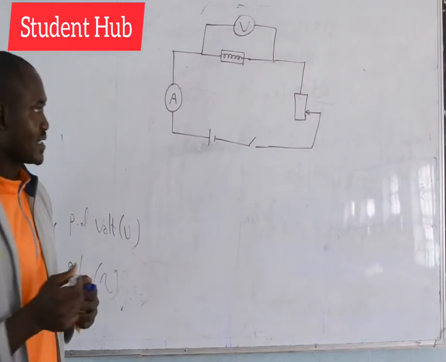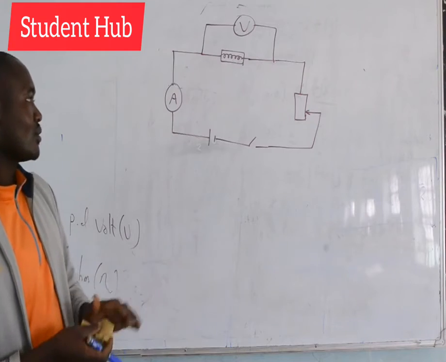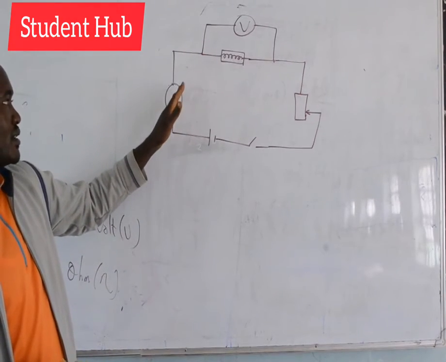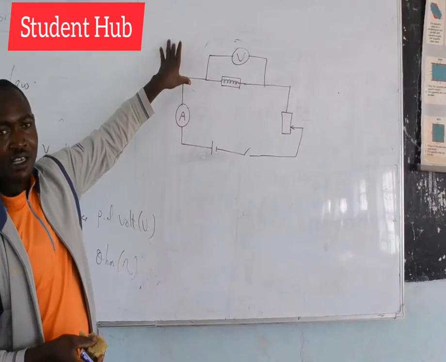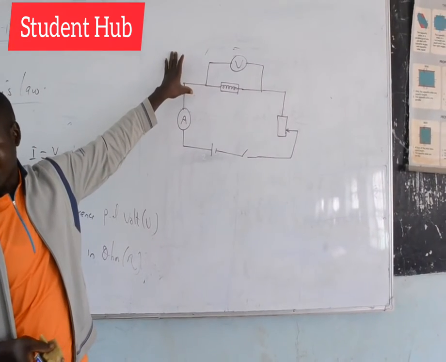So as you can see now, this is how we connect a circuit that verifies Ohm's law.